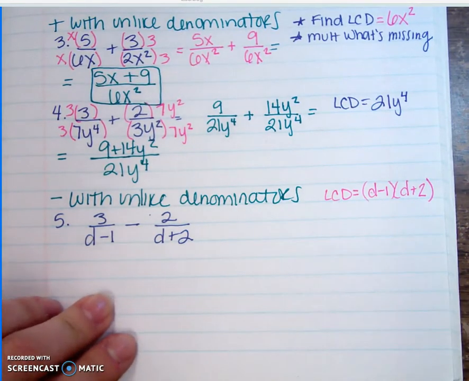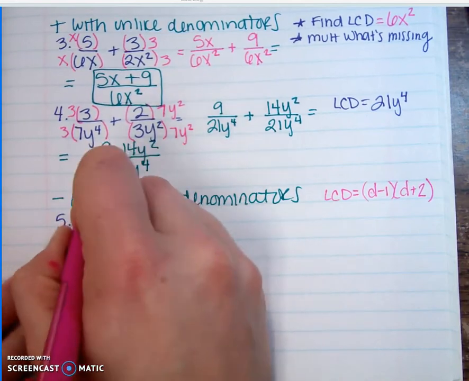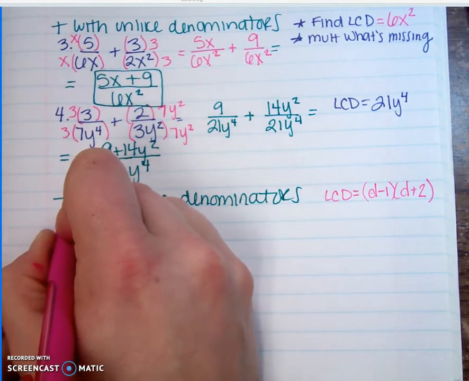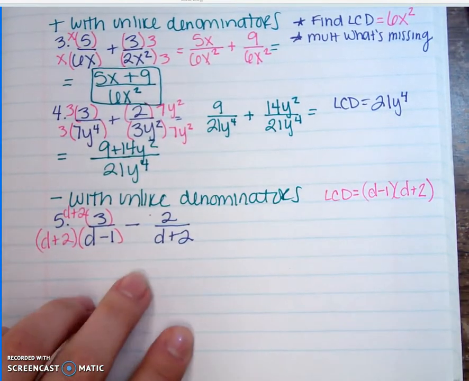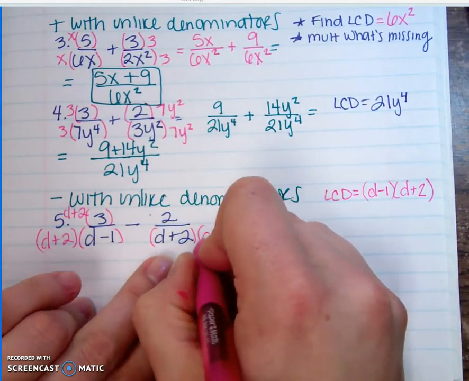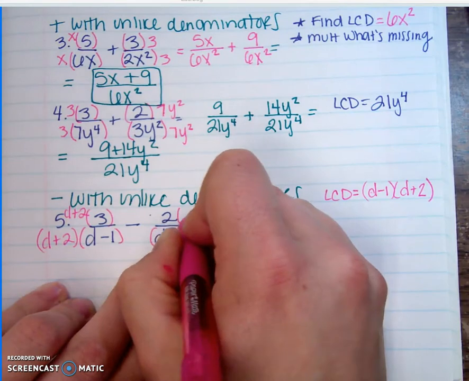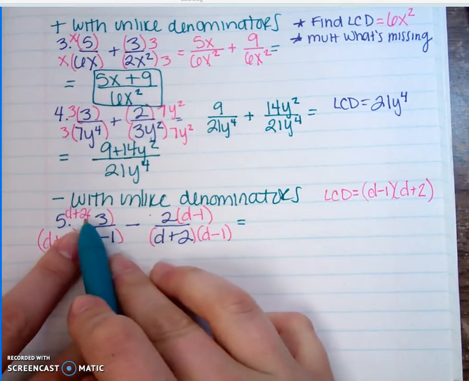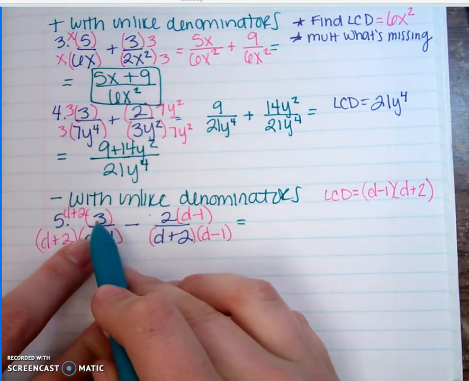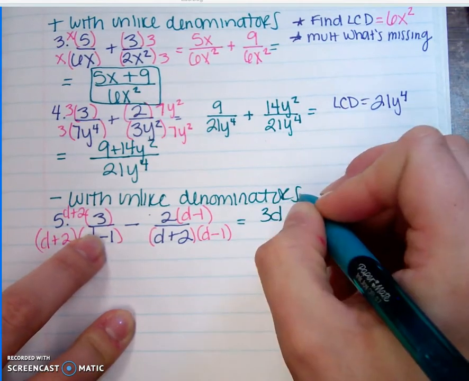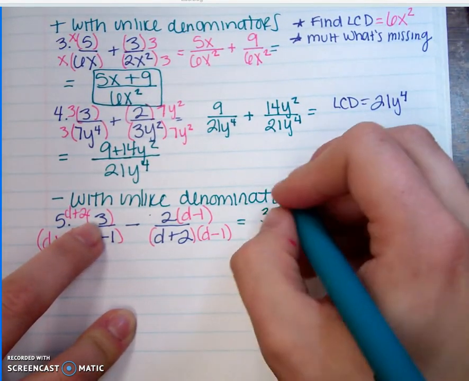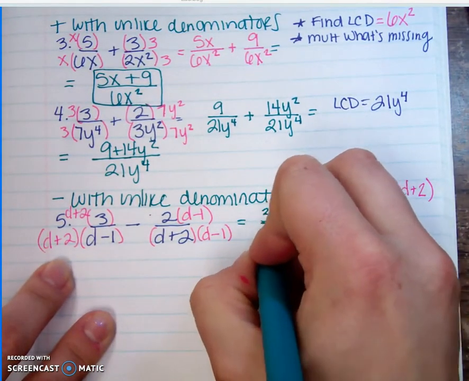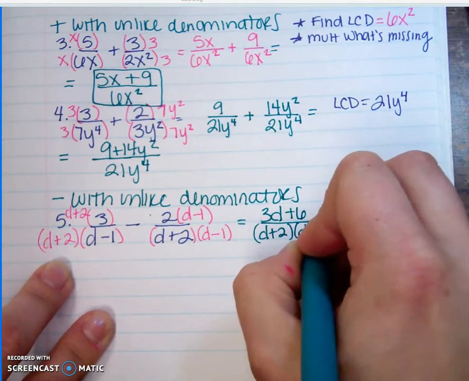So what's missing in this first part? The d plus 2 part. So top and bottom, multiply by d plus 2. What's missing here is the d minus 1. So now you're going to distribute. 3 times d is 3d, and then 3 times 2 is plus 6, over, leave that as the common denominator, d plus 2, d minus 1.